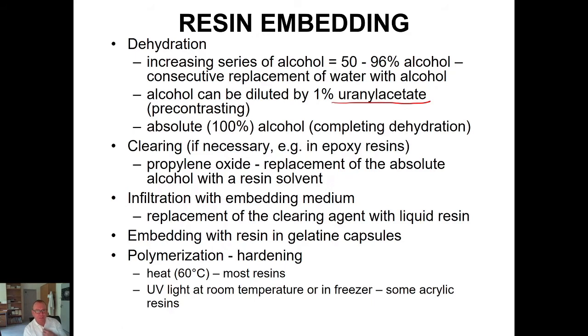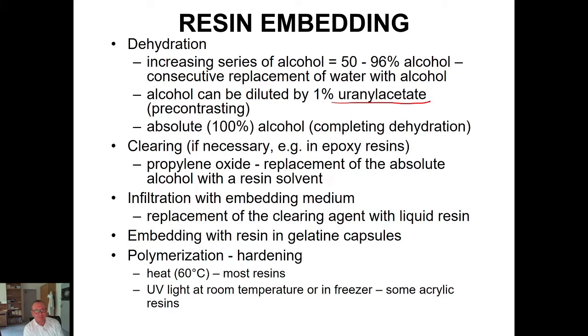Uranium is another heavy metal which is used for contrasting, and we can use the step of dehydration for the next pre-contrasting. The first pre-contrasting was done by osmium during fixation, and uranium can be added to the tissue during dehydration. We are trying to improve the contrast of our specimens in every step of this procedure.